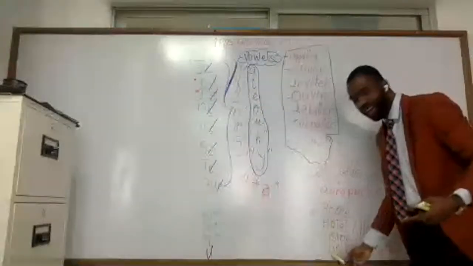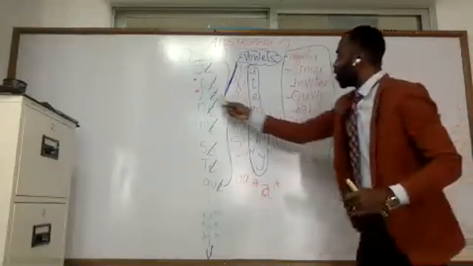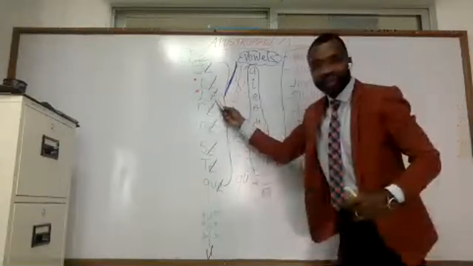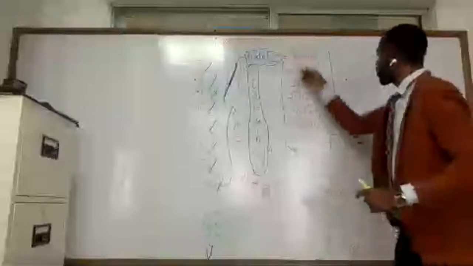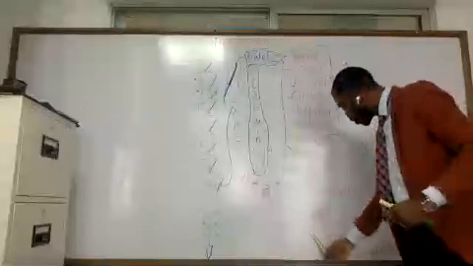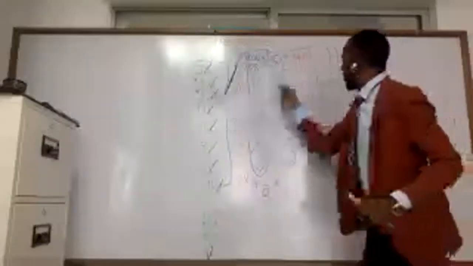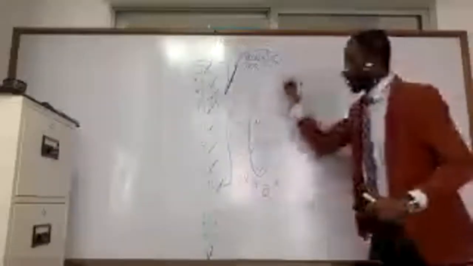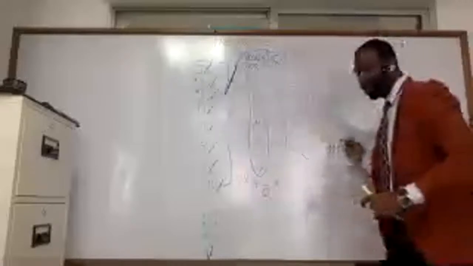Because these words start with vowels, and also le. Le will be applicable with the verbs and also with the nouns. So we can say l'appeler, l'aimer, l'inviter, l'ouvrir, l'habiller, l'écouter.